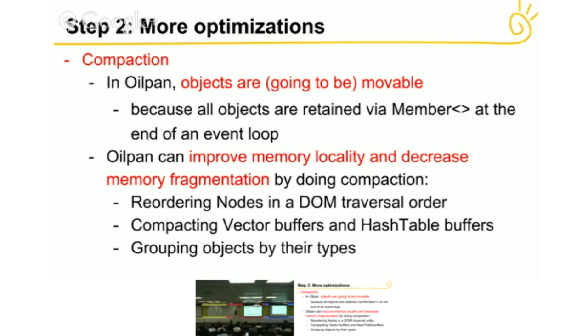For example, we can reorder nodes in DOM traversal order to improve memory locality. Or we can compact vector buffers and hash table buffers. Or we can group objects by their types, because objects of the same type are likely to be accessed together. Grouping objects by type can improve memory locality and runtime performance.